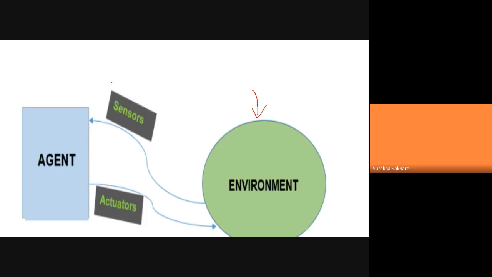Now what the agent requires are the sensors to sense the inputs from the environment. Okay, if capturing an image is my problem, then a camera becomes my sensor in this case, and the actuator here, if it is a robot, is what moves to do the job. The job was to pick a book.